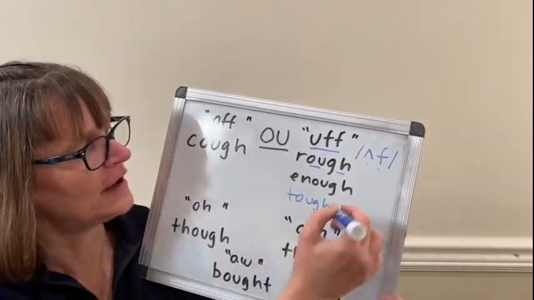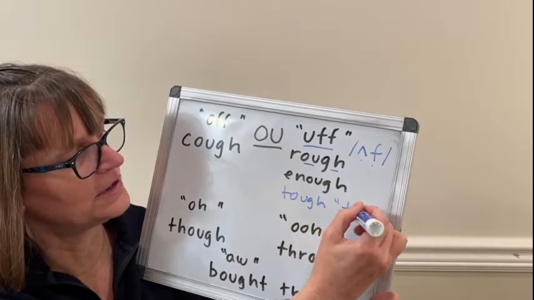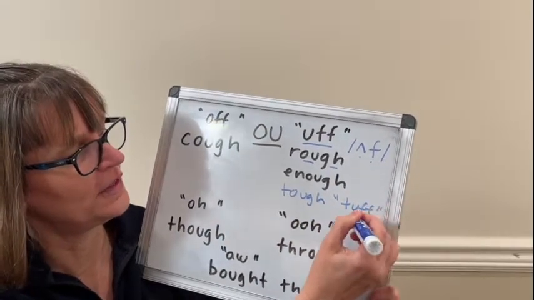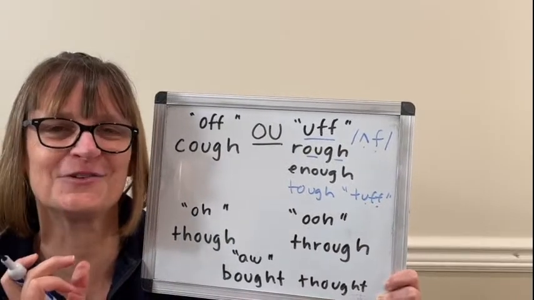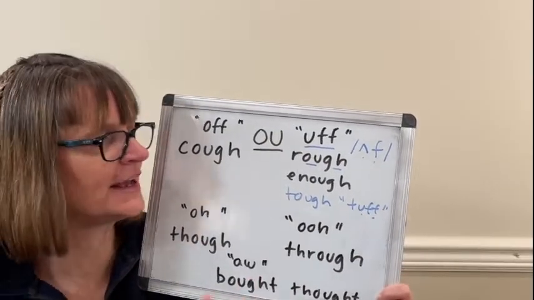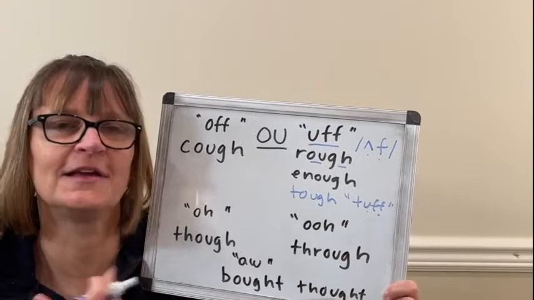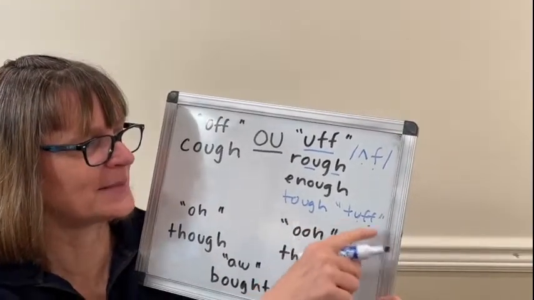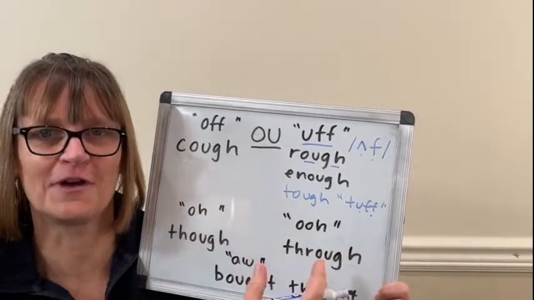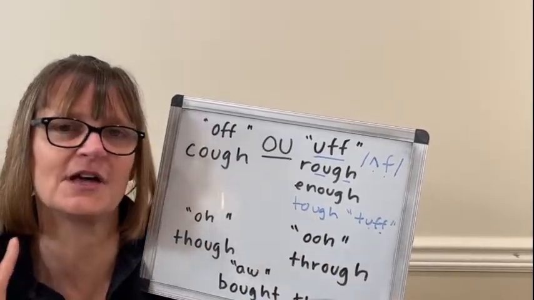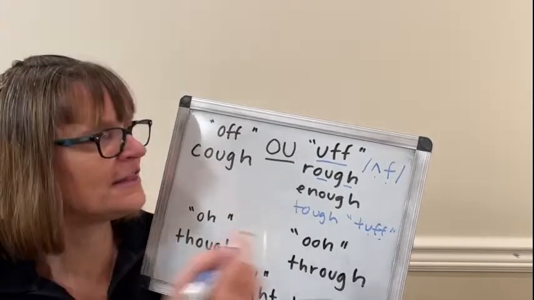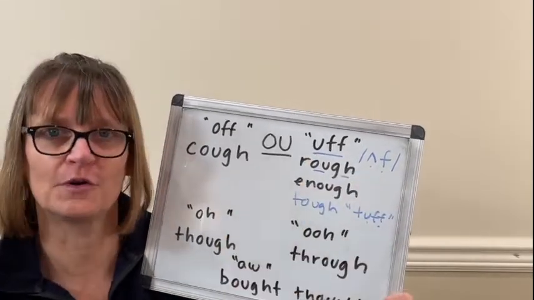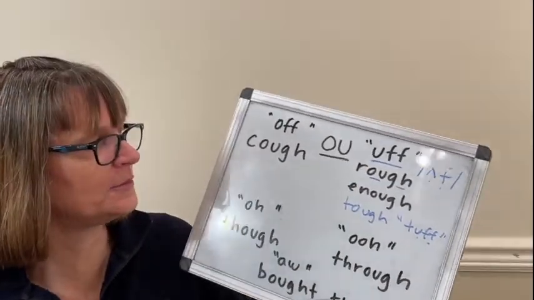I think of rewriting the word tough or rough with those letters UFF because I associate those with that sound. And you'll see maybe in advertisements or slogans or brand names that they will sometimes rewrite and respell words. And that's okay to help have that in your mind. Thinking of these words as being spelled that way could be useful.